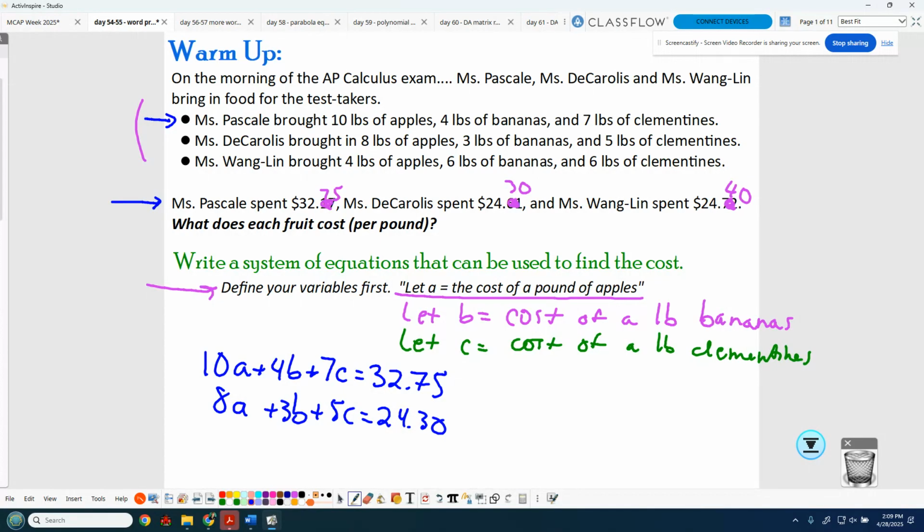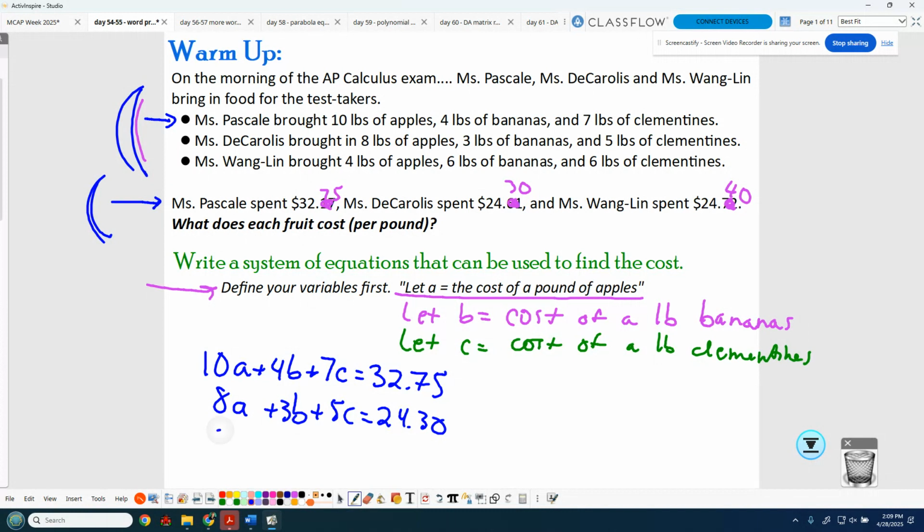Look at what the last line is going to be. What's Miss Woman's total? So reading the words, here's the word problem, needs both of these parts. Miss Woman bought 4 pounds of apples, 6 pounds of bananas, and 6, sorry, I want the last equation on the desk, please.